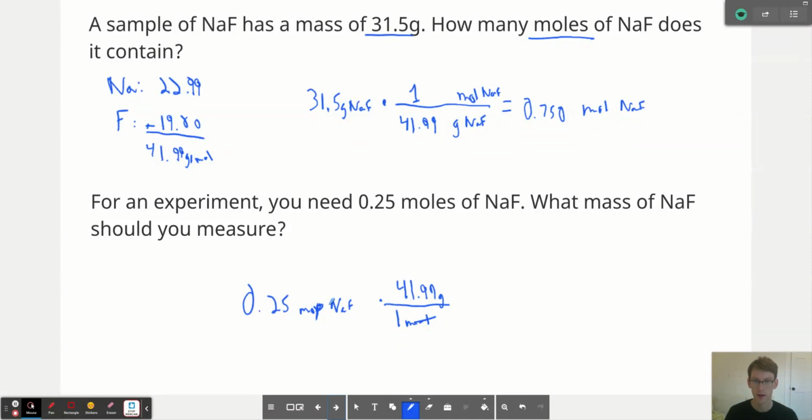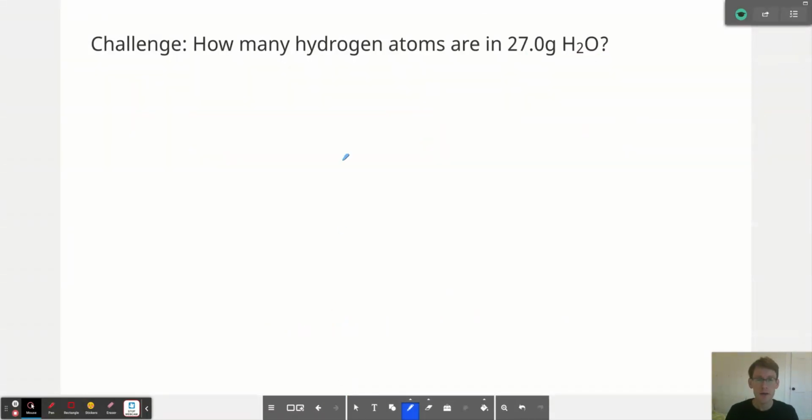The moles cancel out, and I end up with 10 grams of NaF. This is only to 2 sig figs because the starting measurement, 0.25 moles, has only 2 sig figs.